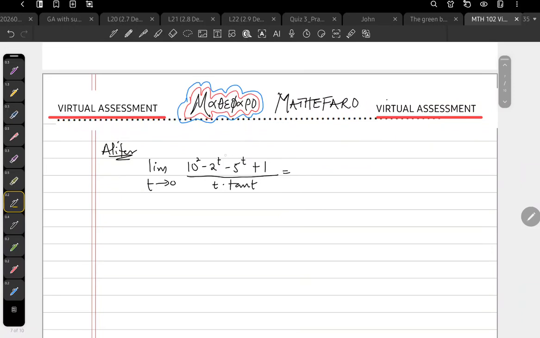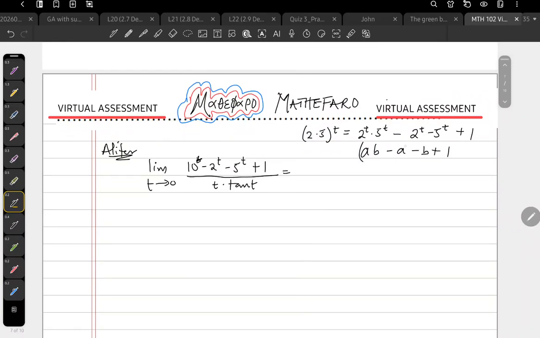So a factorization of the numerator in the sense that 10 to the power of t is the same thing as 2 times 5 to the power of t, and that is 2 to the power of t times 5 to the power of t. So if I have 2 to the power of t times 5 to the power of t minus 2 to the power of t minus 5 to the power of t plus 1, this is like ab minus a minus b plus 1.